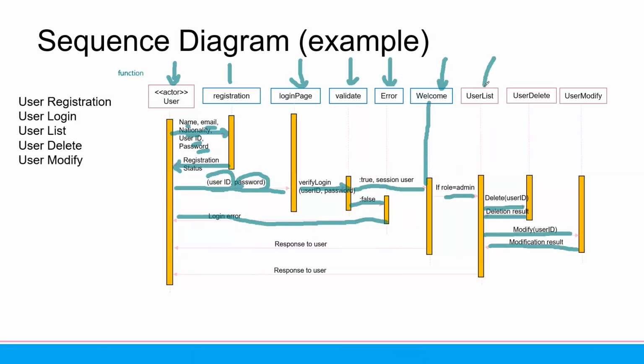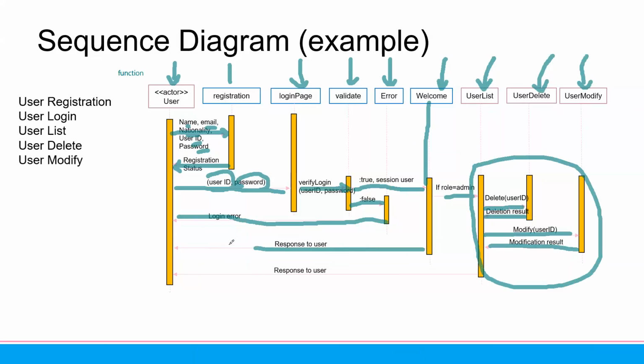So this is the function of user list, to show all the users or the member list. This is the function to delete the user, and this is the function to modify the user. And after we do more things in this page, the welcome page will show a response to the users.